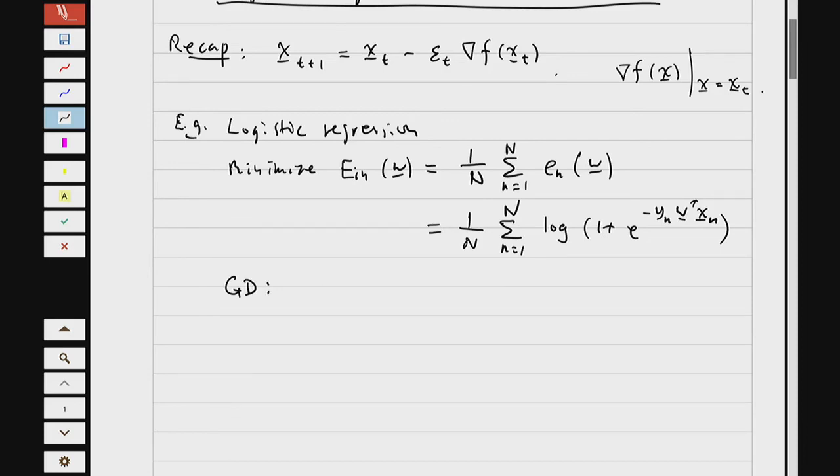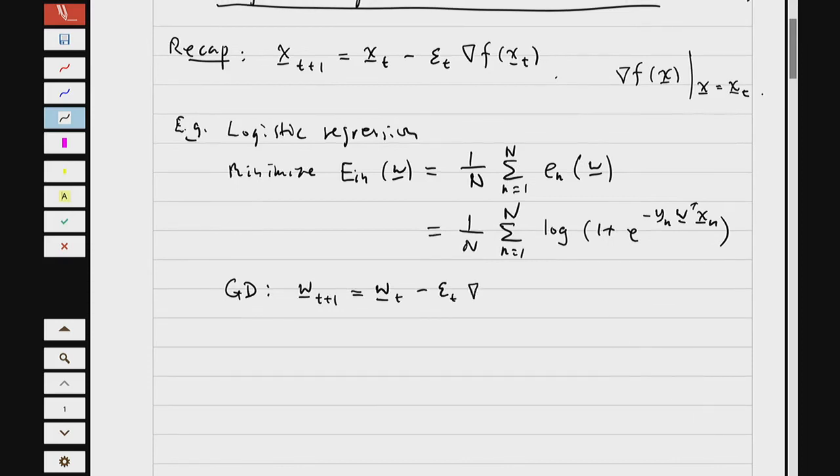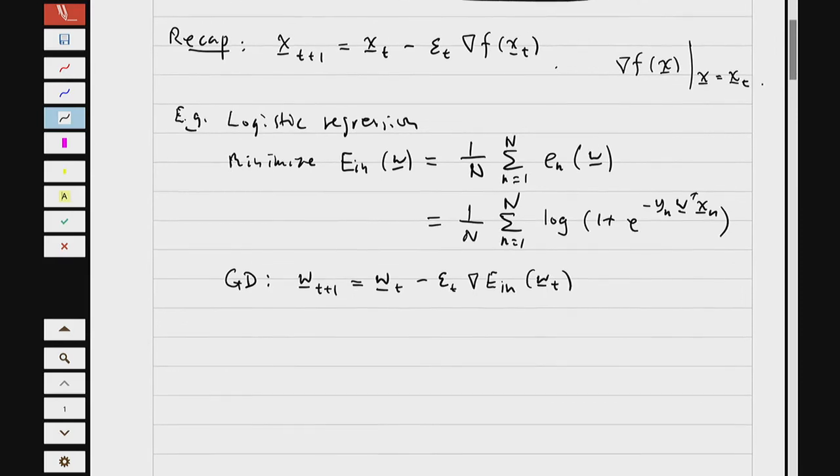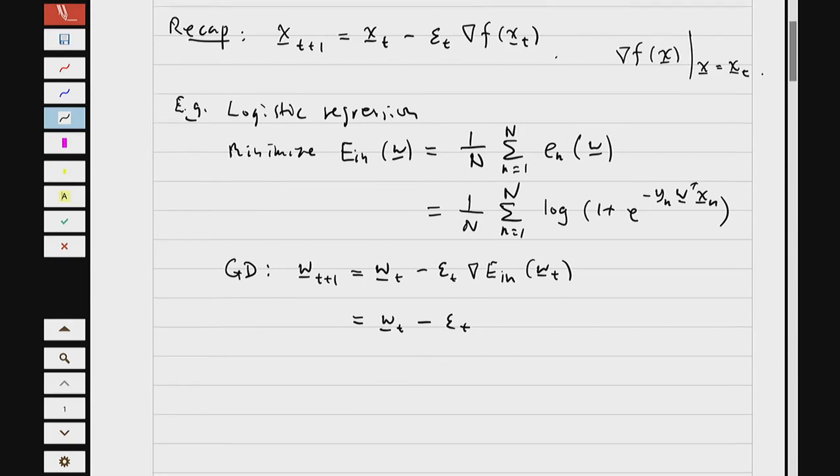So W is our x inside the f, E_in is our f, so we are updating W_t to W_(t+1) using the gradient at the point W_t. Since the gradient is just a derivative, and E_in is a sum, you can move this derivative inside the sum, because the gradient is a linear operation. You can exchange the order between the sum and the gradient.